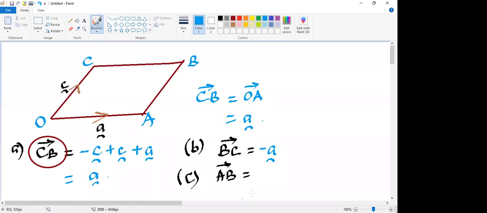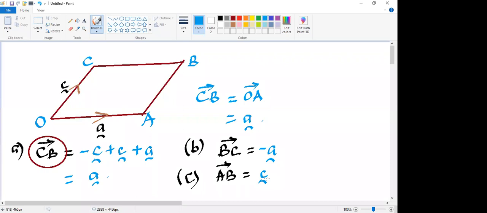AB being parallel to OC, it means they are equal. So AB is vector C. Thank you very much. They are equal and they are parallel, so they are the same. I like that. Now move on.